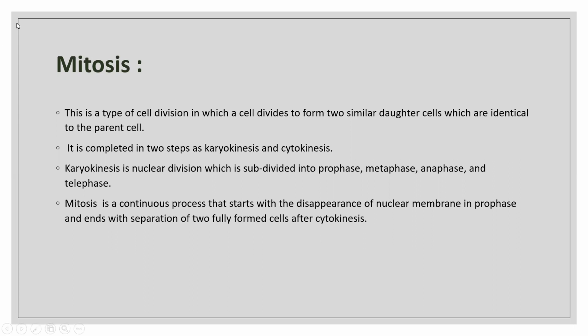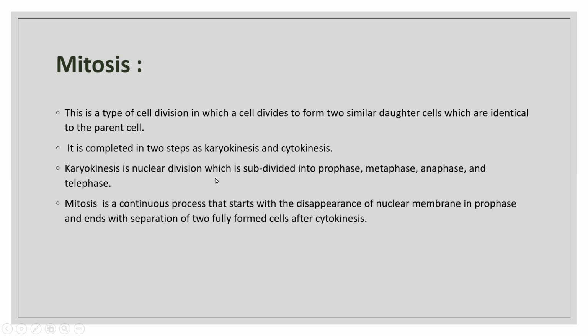So we can say mitosis is a type of cell division in which a single cell divides to form two similar daughter cells. That means from a single cell, two similar daughter cells are formed, and these are identical to the parent cell. Now it is completed in two steps, that is karyokinesis and cytokinesis.